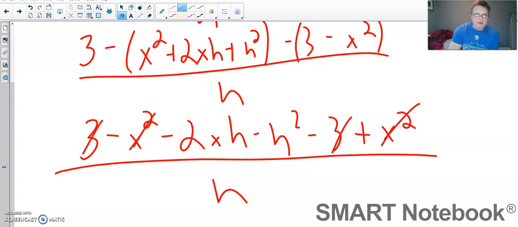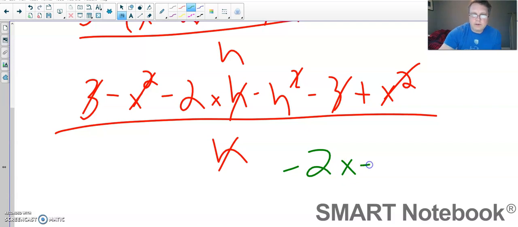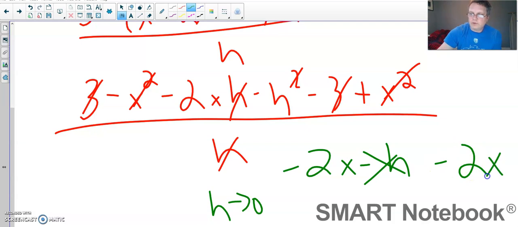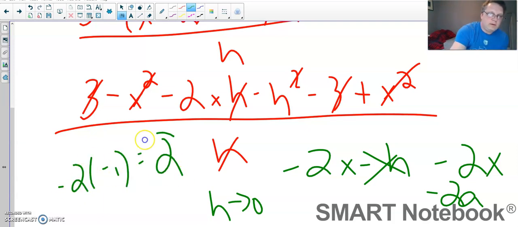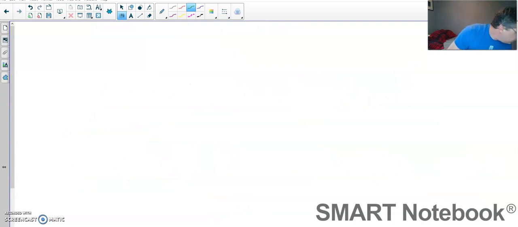So you have negative 2xh minus h squared all over h, and you are left with negative 2x minus h as h approaches 0, negative 2x as x approaches a, negative 2a, a is negative 1, so it's 2. Okay, that's number 3.